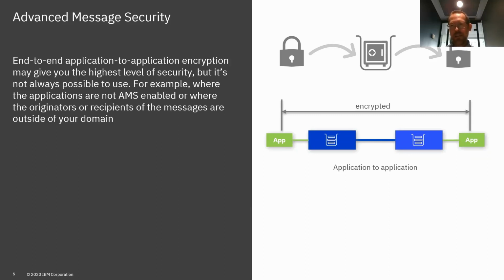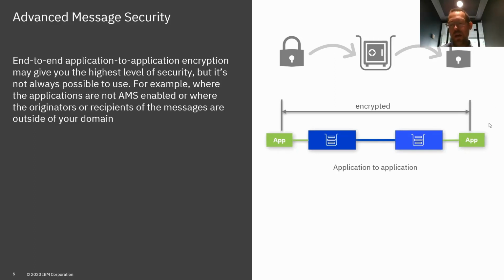So your message is encrypted in the queue manager memory, when it's written down to the log or page set, when it's sent over the network, although you should still use TLS over network hops, and also on intermediate queue managers as well. So if you go from Z to distributed to zOS, your message is encrypted for that entire journey. And an increasing number of customers are using this.